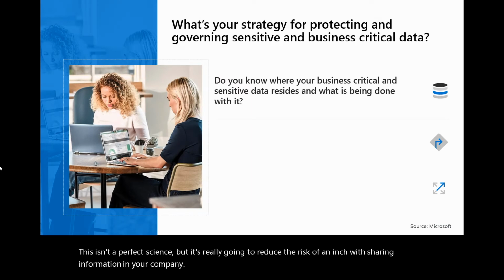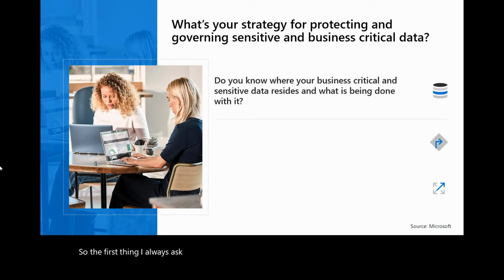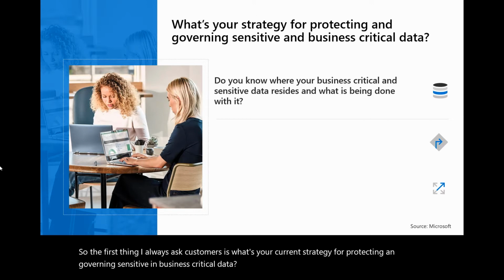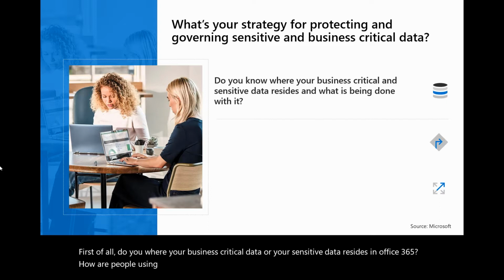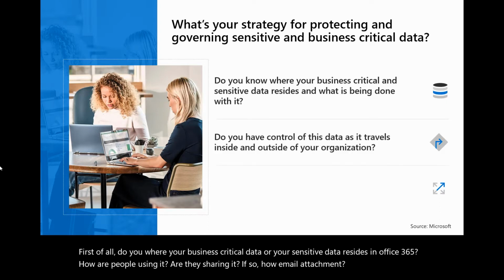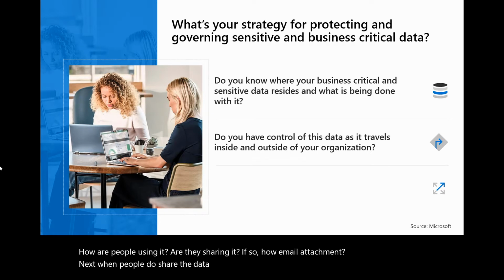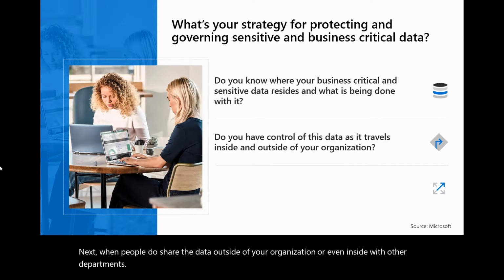So the first thing I always ask customers is, what's your current strategy for protecting and governing sensitive and business critical data? So first of all, do you know where your business critical data or your sensitive data actually resides in Office 365? How are people using it? Are they sharing it? If so, how? Email attachment? Next, when people do share the data outside of your organization or even inside with other departments, do you have control of this data?